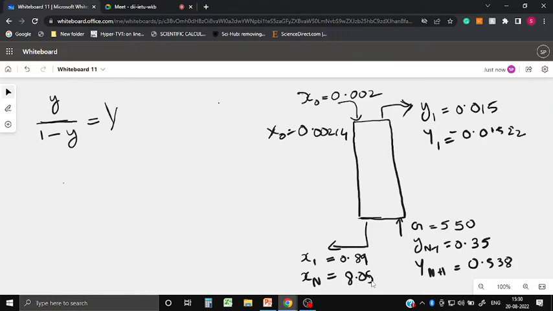This G dash is coming to be 357.5, and we are asked to find L dash, L minimum. So first we need to do the overall material balance around this absorption column.